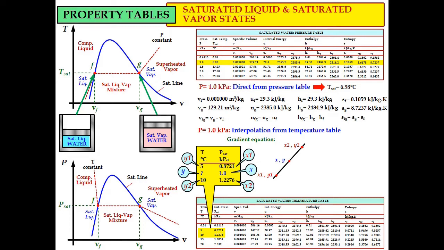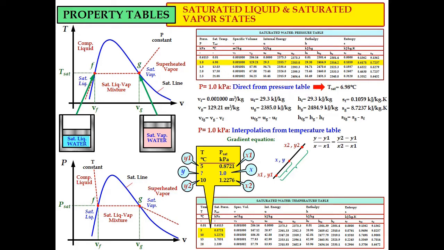So the basic concept is that the gradient between x, y and x1, y1 is equal to the gradient between the coordinates of x2, y2 and x1, y1. So this gradient equals the second gradient. By using this concept, we can make interpolation.